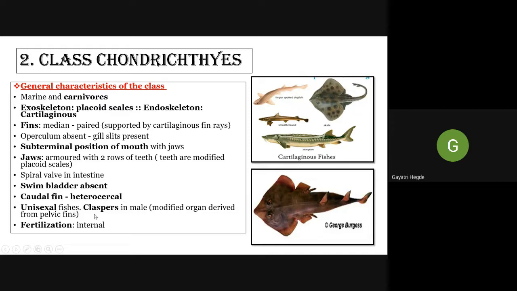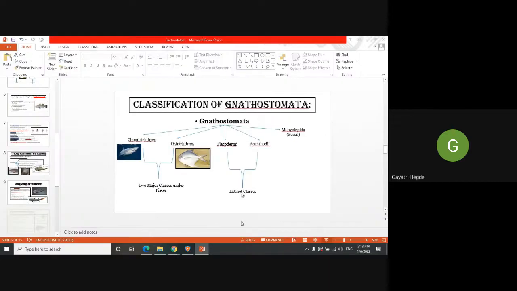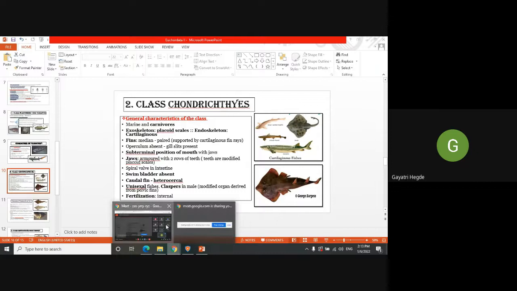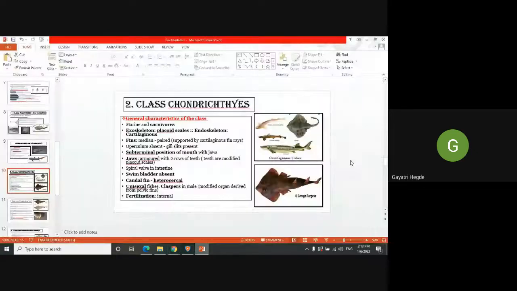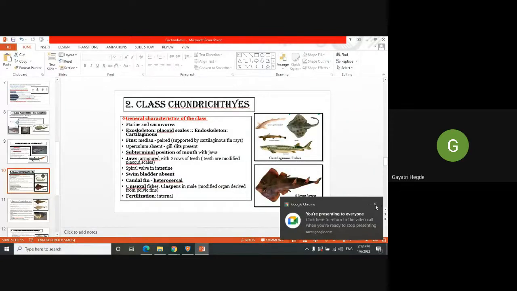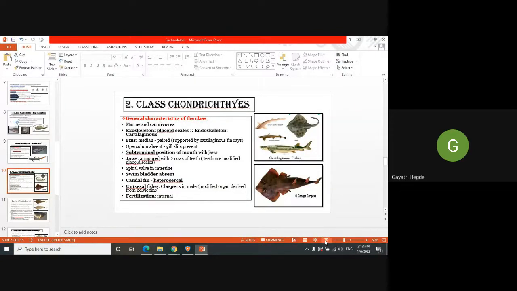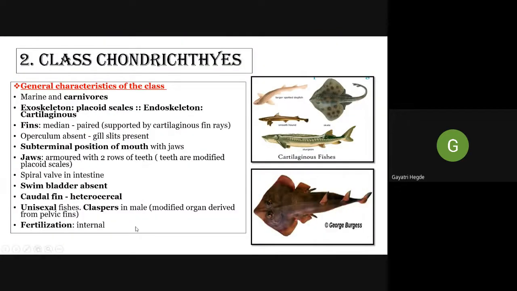Then coming to reproduction, that point is there in every class. Okay, reproduction point is present in every class, in every fish. So as you go ahead, every organism is unisexual, like male and female organisms will be different.